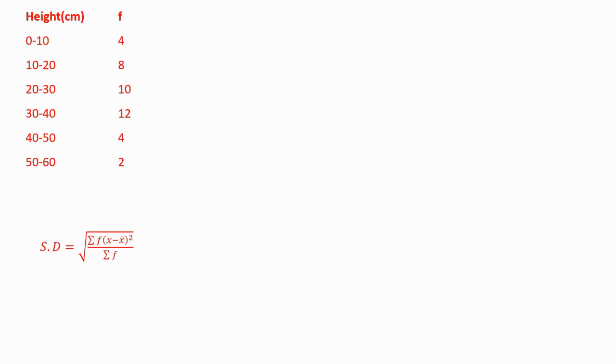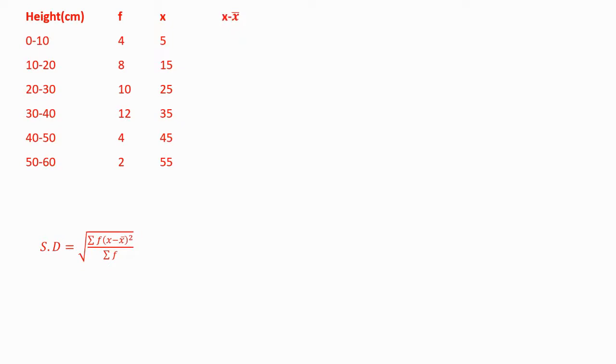We have already obtained the value of the mean, which is equals to 27.5 as obtained at part B1. Then we had computed the x's for the different groups, where we had 5, 15, 25, 35, 45, and 55 respectively. So the first step, we are going to compute the x minus the mean.